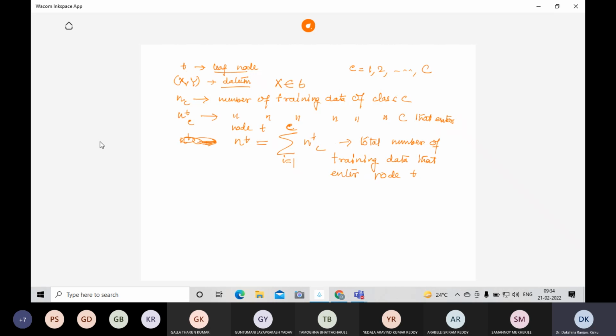So this can be estimated by the proportion of training data of the class C which enters it.